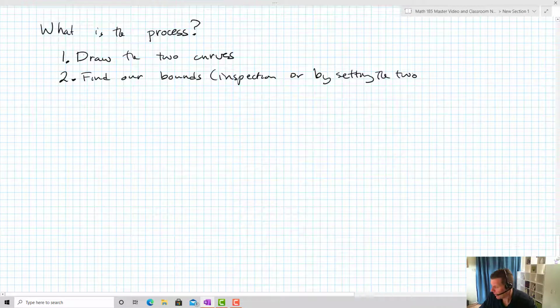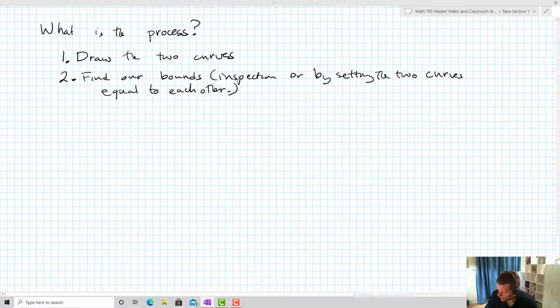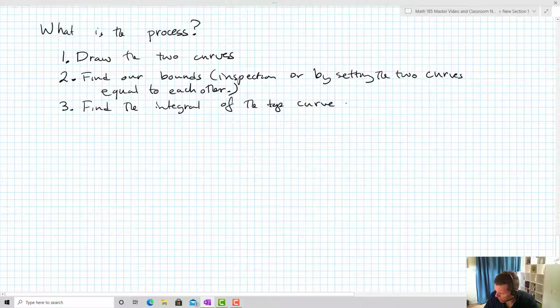Or we have the other case, where we're given the bounds. 3. Then we're going to find the integral of the top curve minus the bottom curve on the bounds.